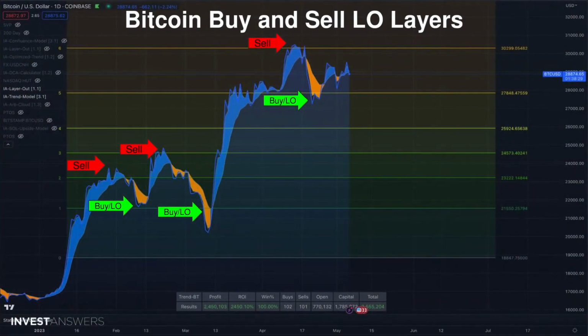And regarding Bitcoin, this will show you where there are buy and sell layers. So for example, if you are stacking Bitcoin and you don't know where to place your limit order, you can use this chart. If we look back at the good old days before the big banking crisis, which triggered a Bitcoin rampage, you can see exactly down at layer 1 there were times where it hit, and this is the daily chart.